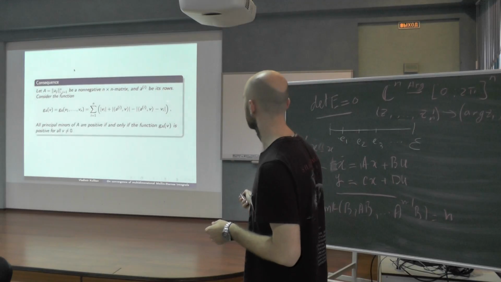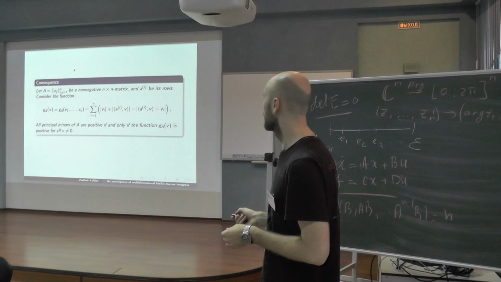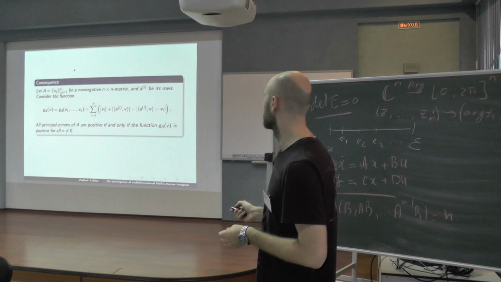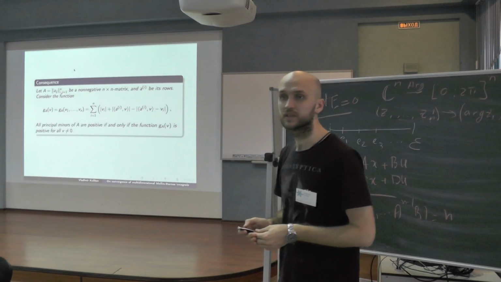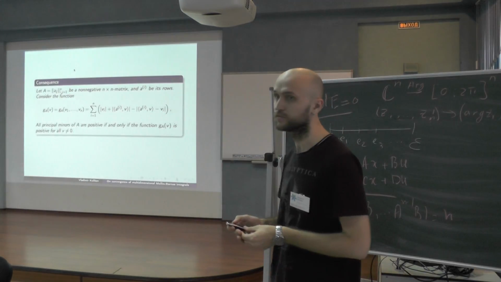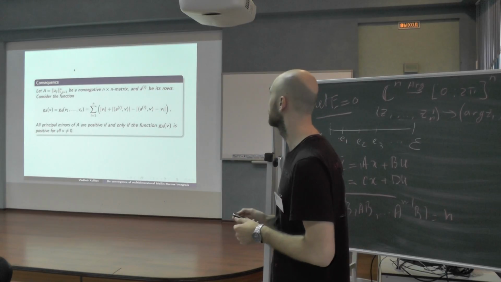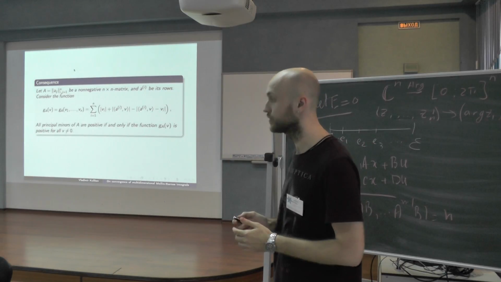It's also a partially linear function. And all principal minors of A are positive if and only if the function G is positive for v not equal to 0. That's all. Thank you for attention.